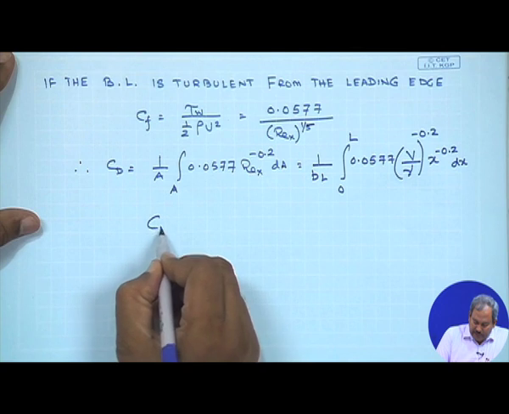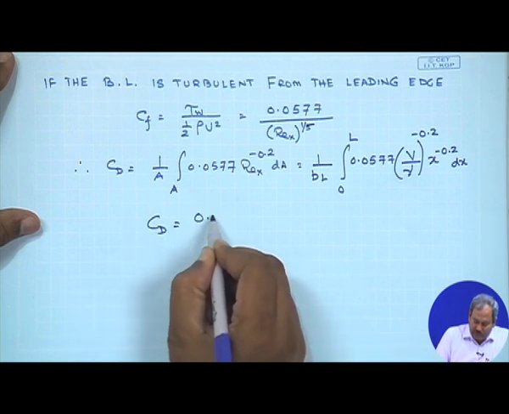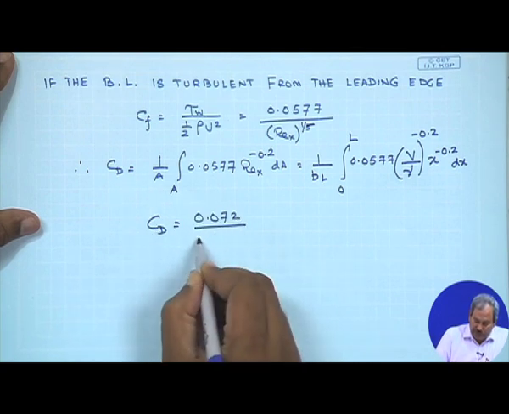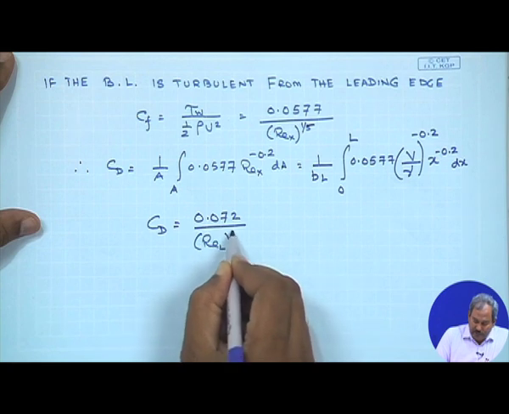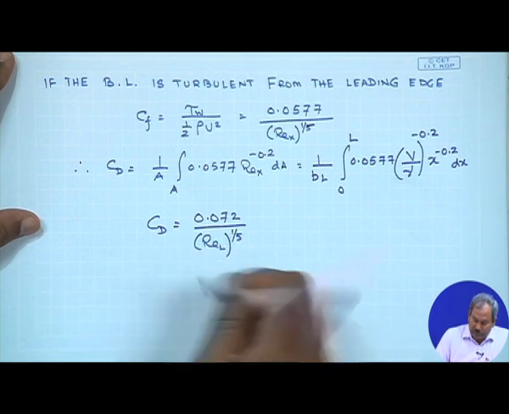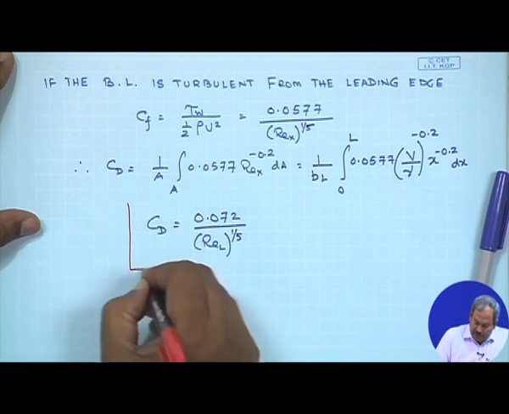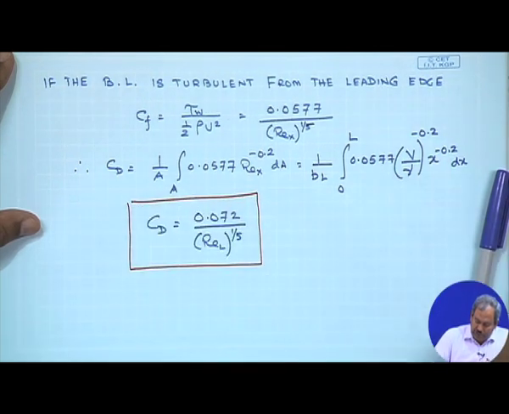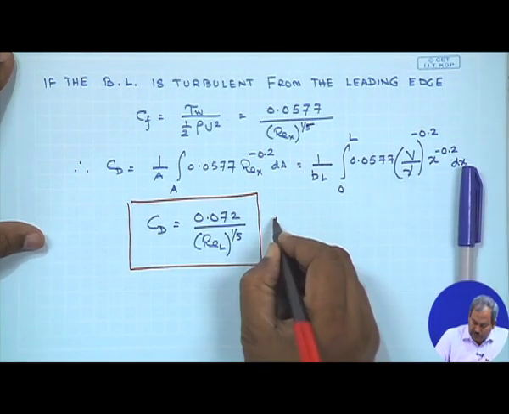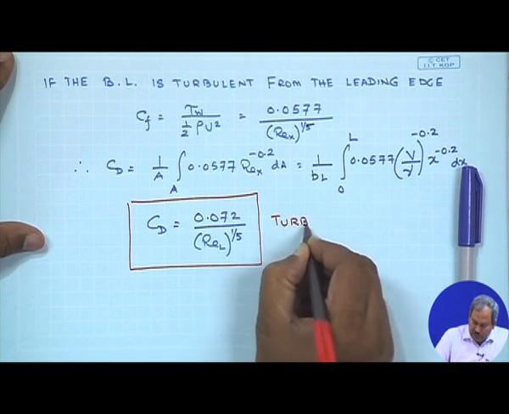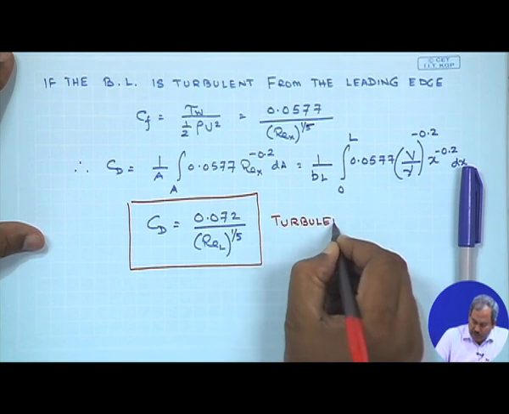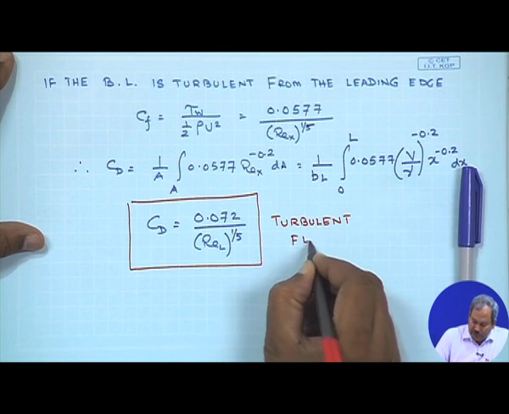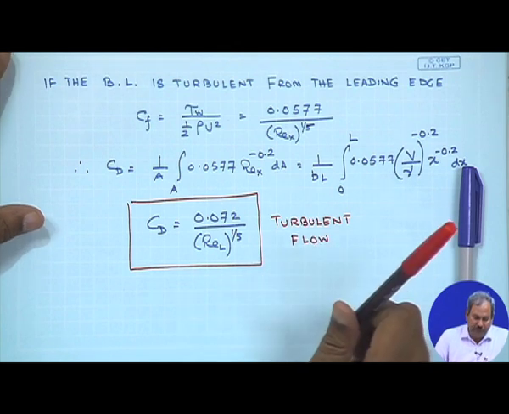So what you get then out of this is CD equals 0.072 by REL to the power 1 by 5. So this expression for CD is for turbulent flow, and where the turbulent flow starts from the very beginning itself.